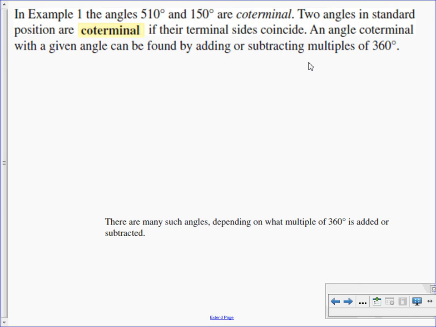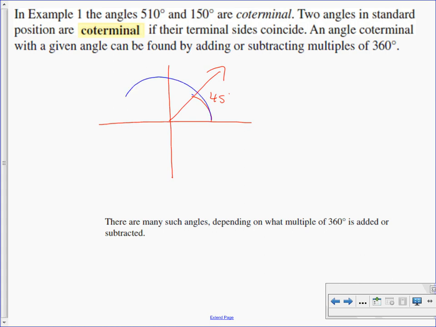What you wind up doing: if I start with a 45-degree angle and I want to find a positive and a negative coterminal angle of 45, I'm adding 360 degrees and subtracting 360 degrees from that 45-degree angle.